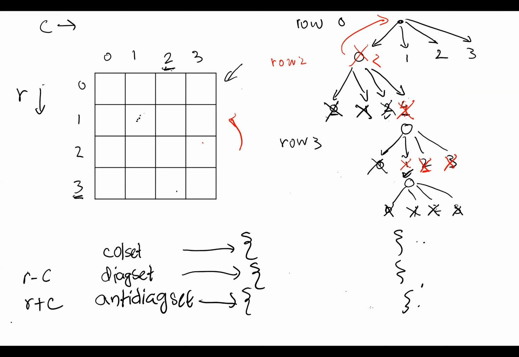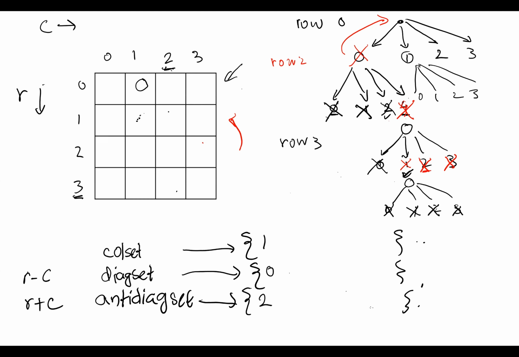Now I try again. The next one I am trying is 1, right? I can keep on drawing the same way, 0, 1, 2, 3, but I'm not going to draw anymore. It's going to be the same. So I'm trying this 1, 0, and 2, right?